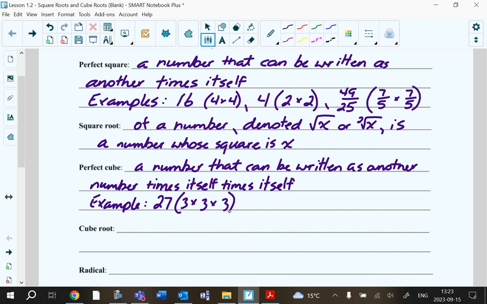Give me one that's a fraction. Feel free to use this number again if you want. What's that? 8 over 27, yes. Because 8 is a perfect cube. And we can get 8 over 27 by going 2 over 3 times 2 over 3 times 2 over 3.